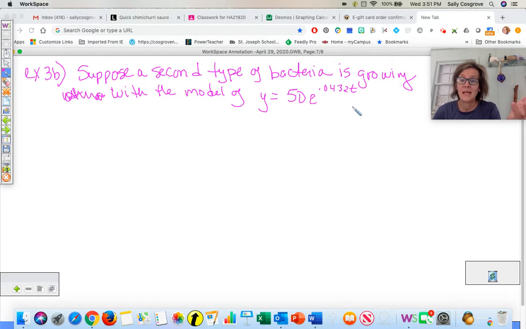Okay, so that's the equation that models this second type of bacteria.